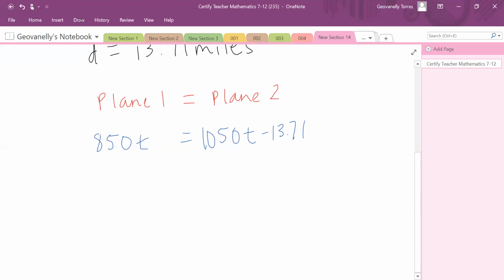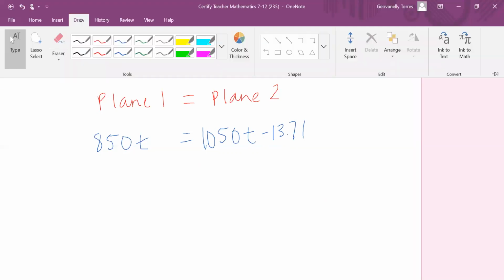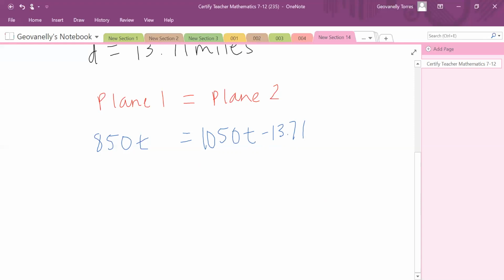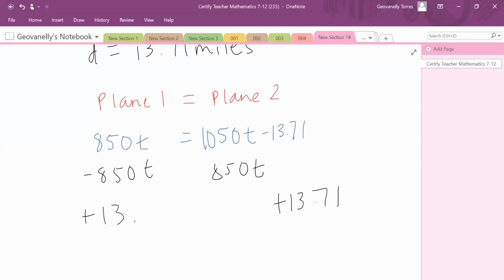So what we do now is we subtract 850t from both sides, and then we add 13.71.